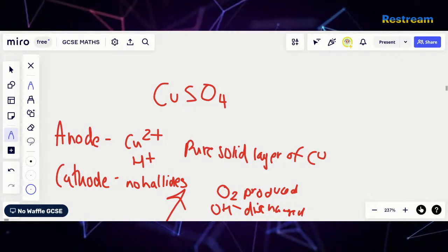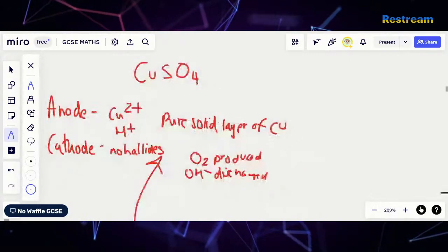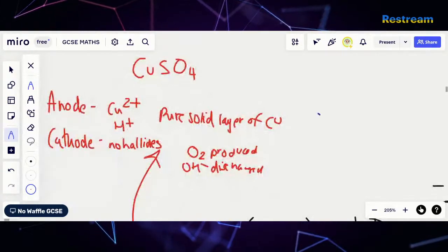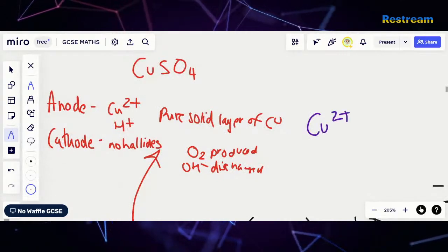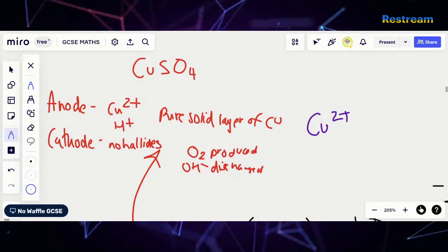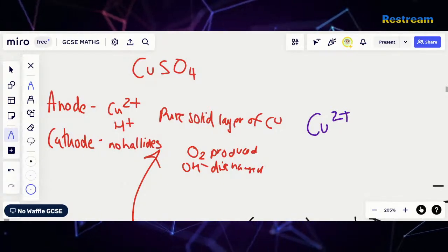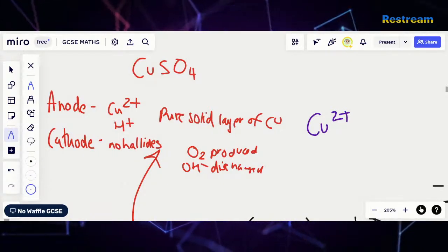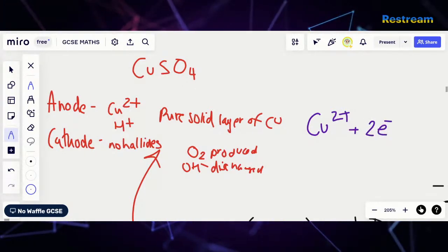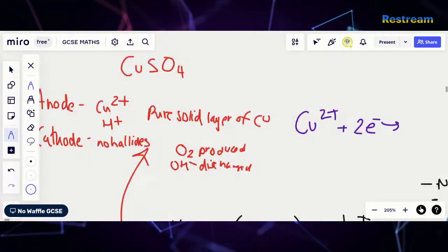So if we have to write equations of what happens at each electrode, at the cathode, we have copper ions, and these copper ions add 2 electrons to return to their natural state, which is just copper.